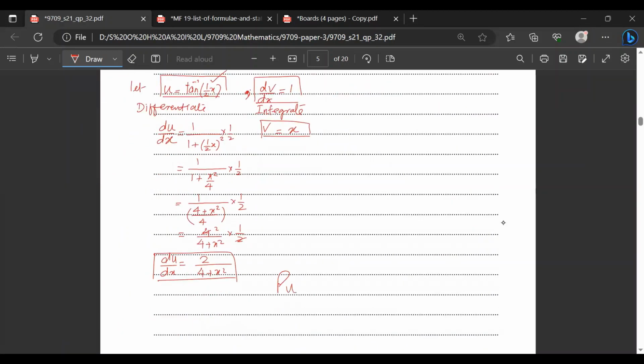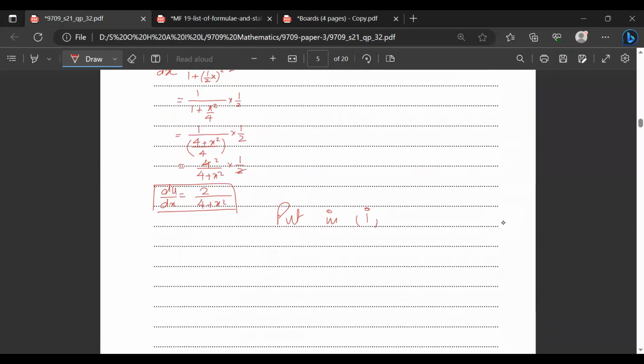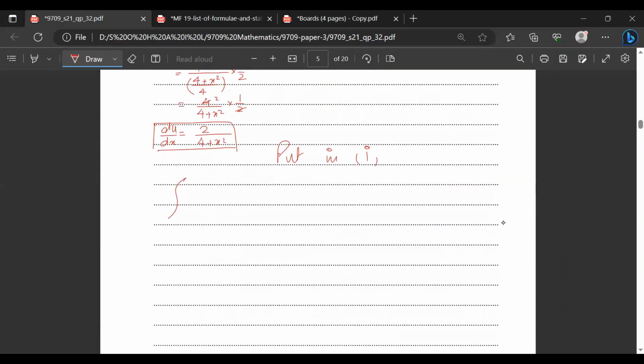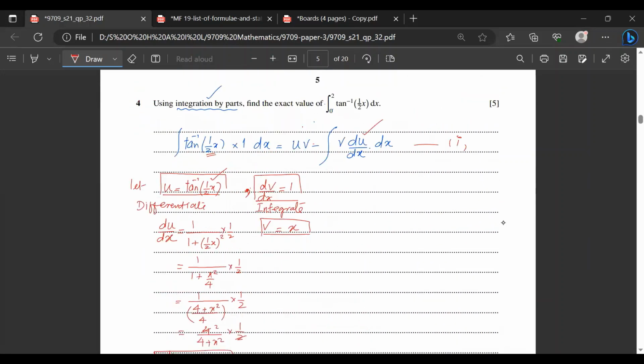Put in one. The left hand side is tan inverse of half x multiplied by 1. You don't need it right here. It equals u into v. U is here and v is here. Multiply them: tan inverse of half x multiplied by x.